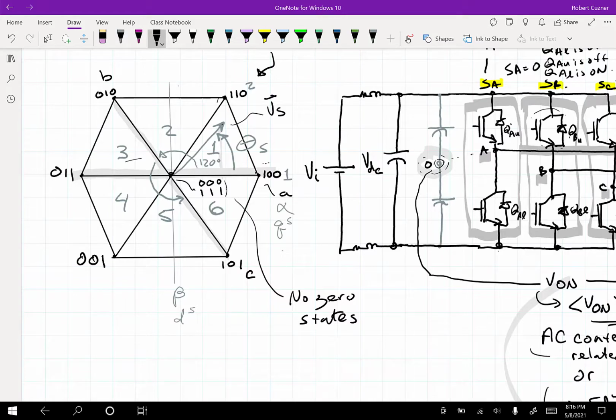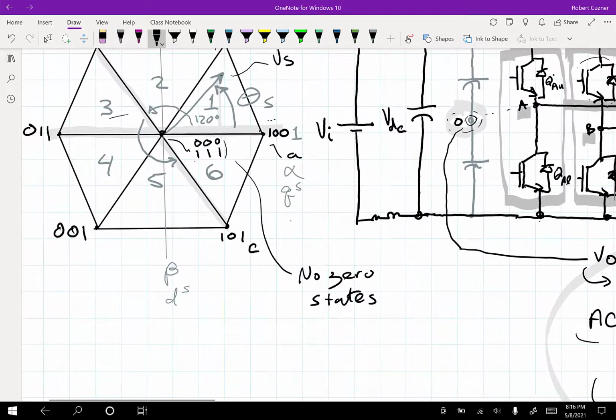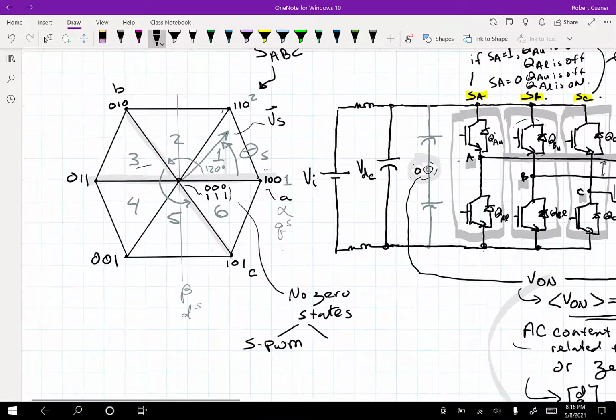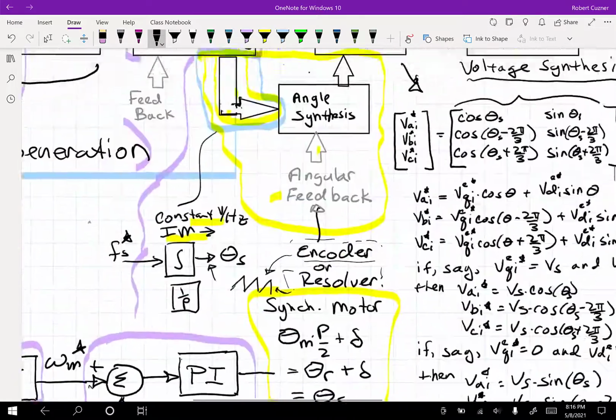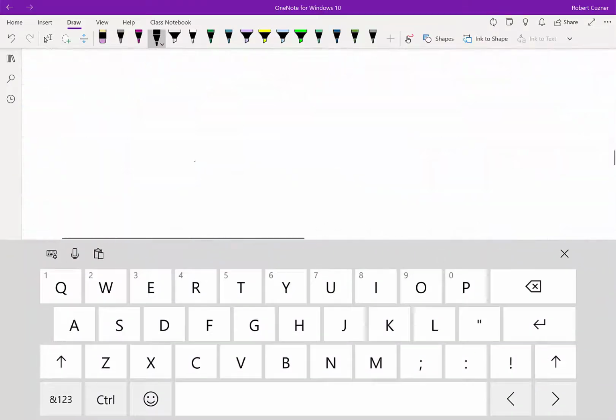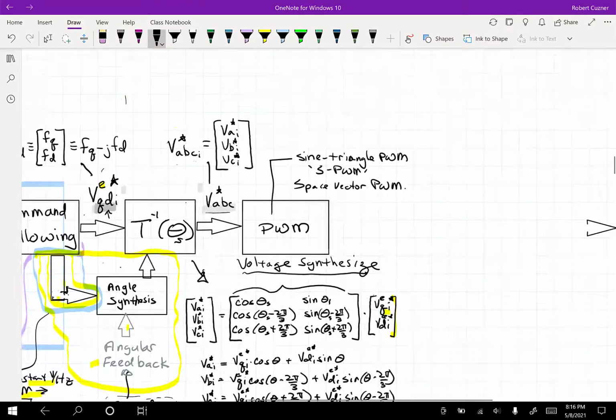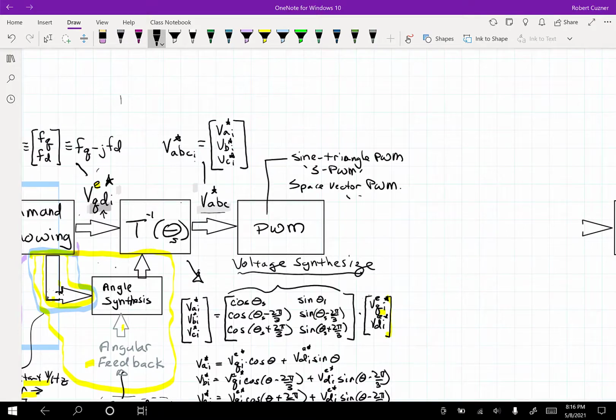We could actually, we've talked about two types of PWM methods. We talked about the SPWM, and then, double checking here, yes, we talked about the space vector PWM, which we called SVM here.